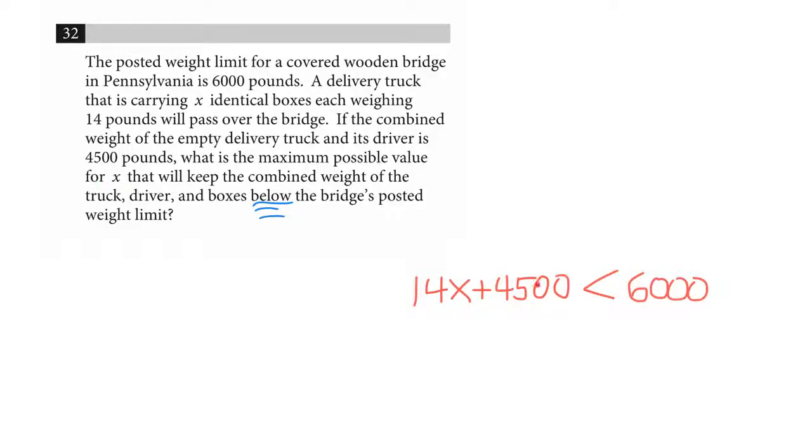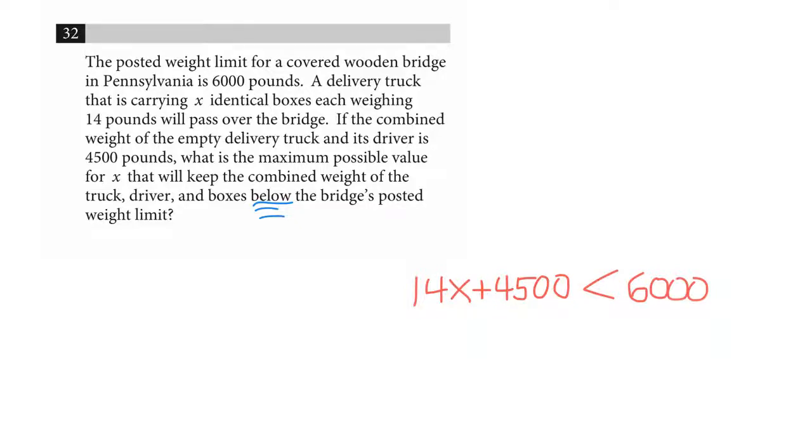Now, really, all you have to do is solve this inequality. It's almost like asking yourself, what x would cause this expression, or the weight of the truck, to equal 6,000, and we want to make sure that we're at least 1 pound less than that, right?